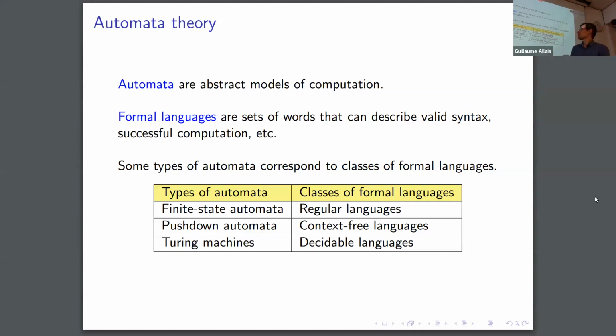And by formal language, we'll just understand some sets of words over some alphabet. And we have some examples, of course non-exhaustive, of some types of automata and classes of formal languages. I guess one of the main ones is between finite state automata and regular languages. But there are many more, of course.